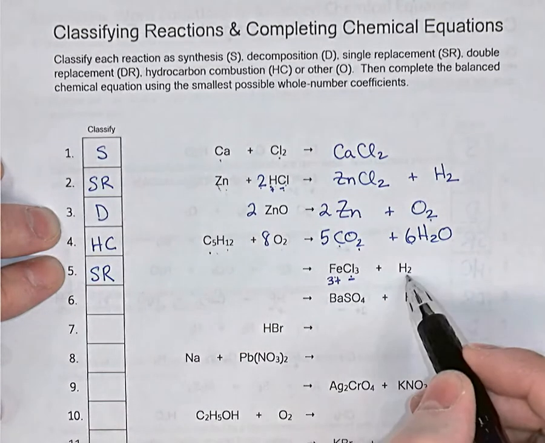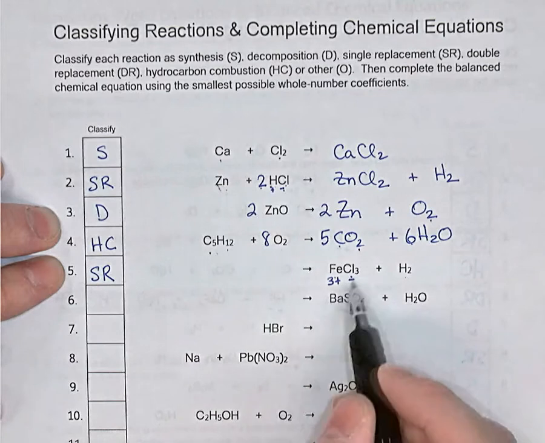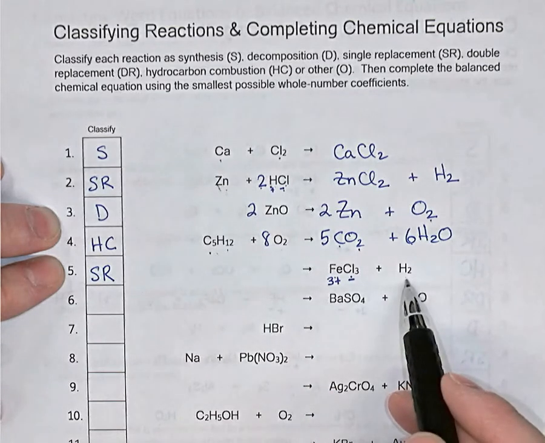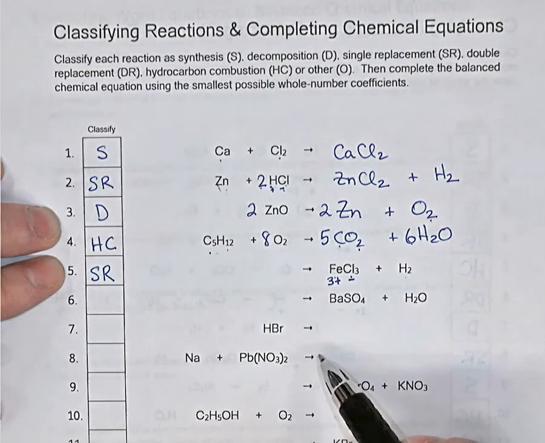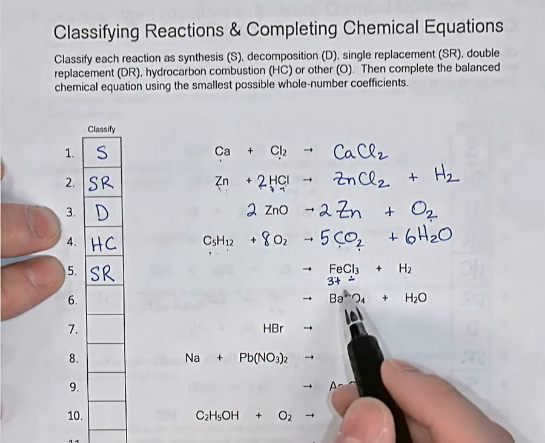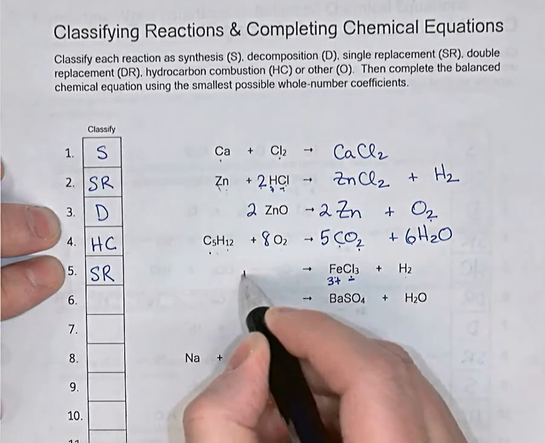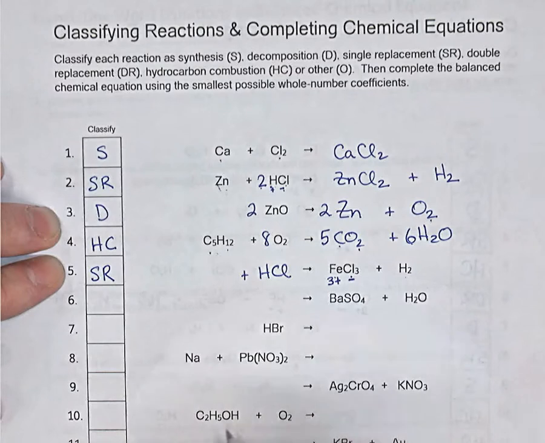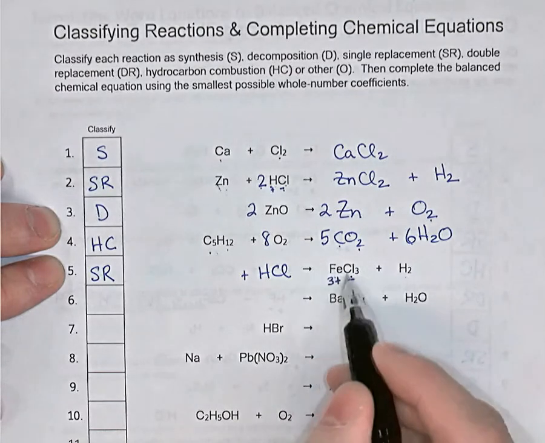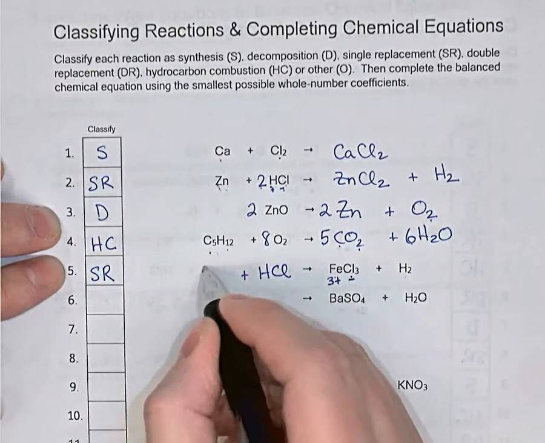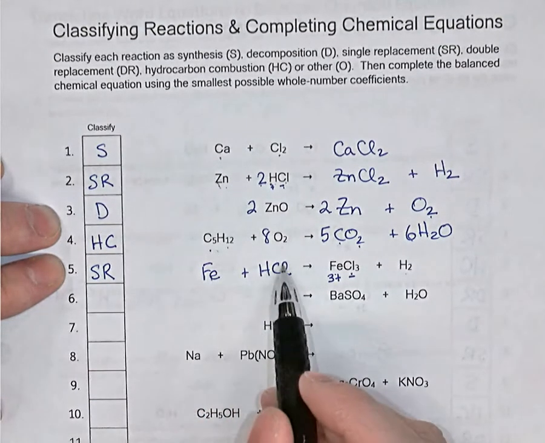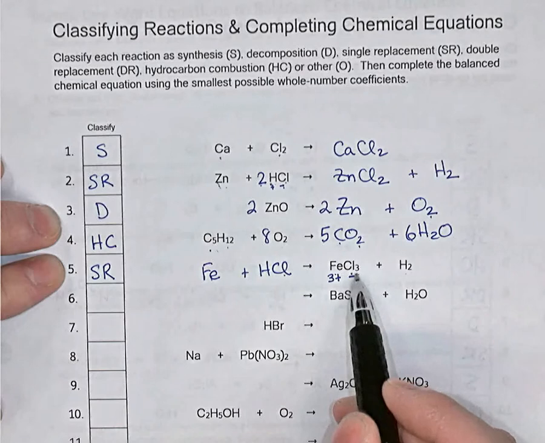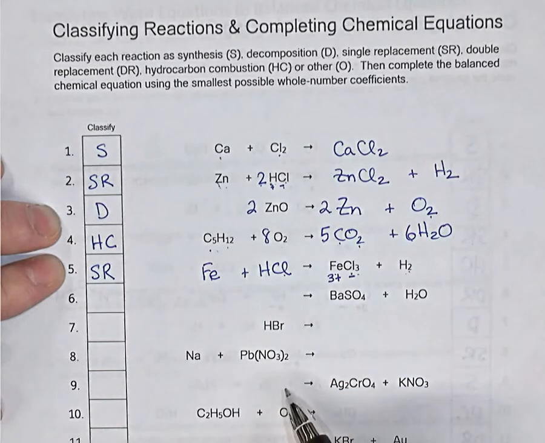The hydrogen over here was dancing with one of these two, but hydrogen has a charge of positive 1 when it's an ion. So it would have been dancing with the negative chloride. So a positive hydrogen and a negative chloride means the formula was HCl, and that means the element that used to be by itself was iron, Fe. Okay, that makes sense. The Fe goes in and dances with chloride, iron chloride, and hydrogen comes out by itself.